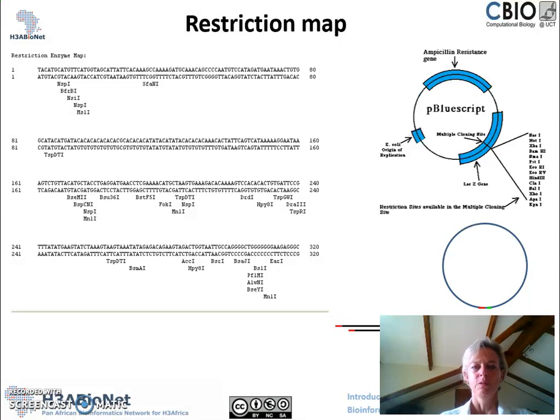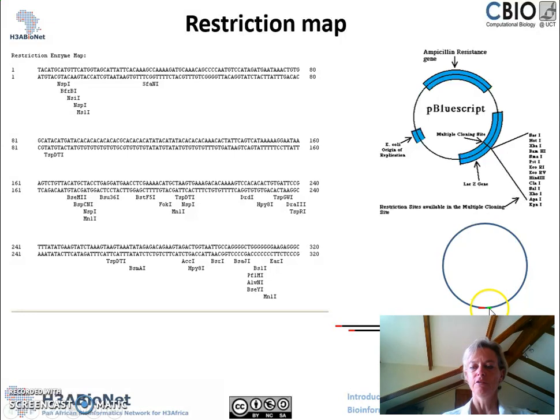So what we're doing in cloning is we have a list of enzymes that are available in the multiple cloning site for the vector, and then we know what the restriction enzyme site is for our DNA. So we find some appropriate enzymes in the right place that cut in the right place. You cut your double-stranded DNA with those, and now you have the overhangs, so hopefully, preferably, different enzymes on each side.